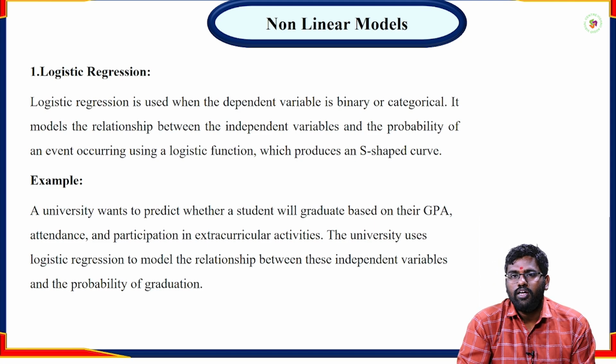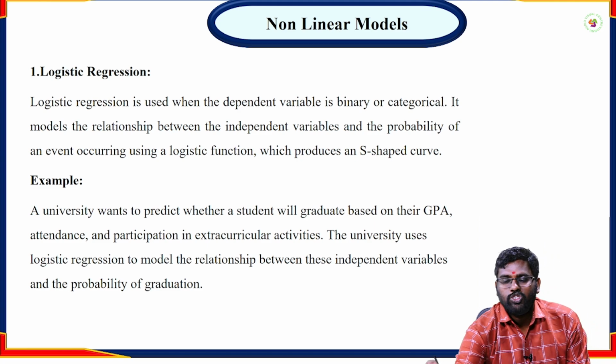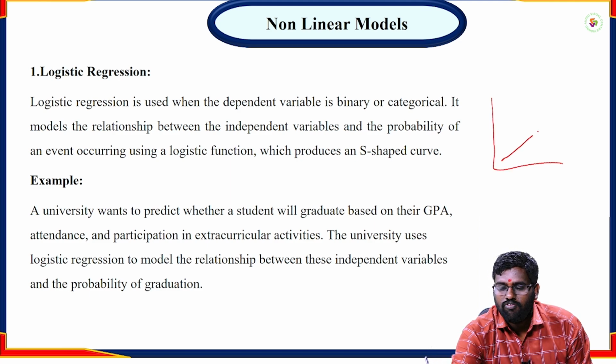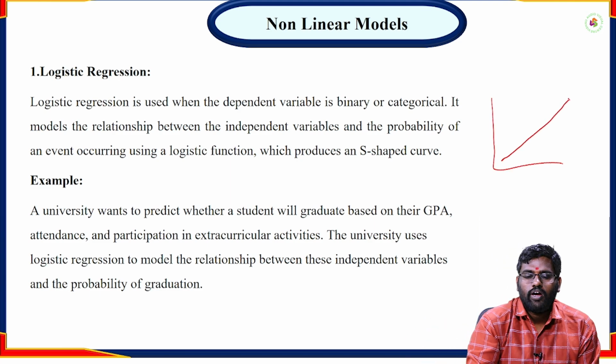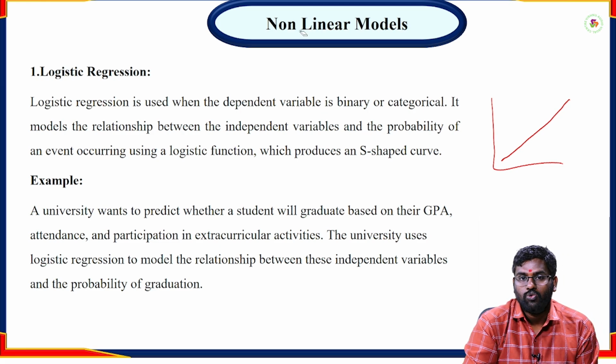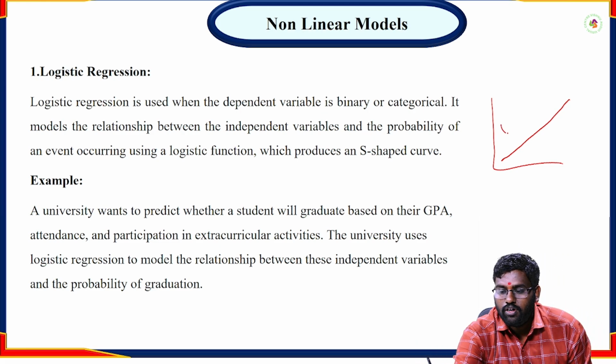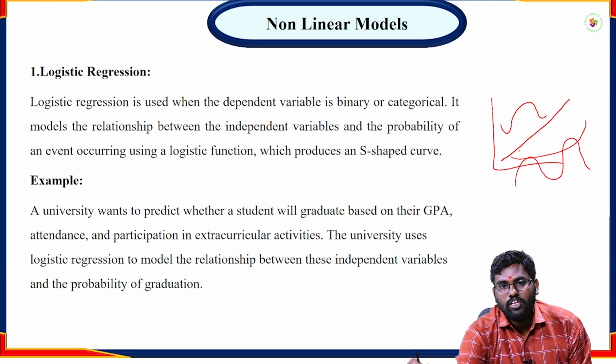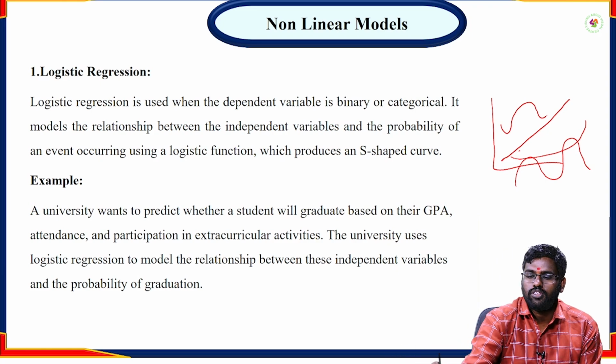In the linear model, it is a relationship between the independent variable and the dependent variable, and the graph is shown as a straight line. Non-linear models are used to show the graph in a curved shape, the curve increasing like this. So in different formats of models, it is shown in the form of logistic regression.